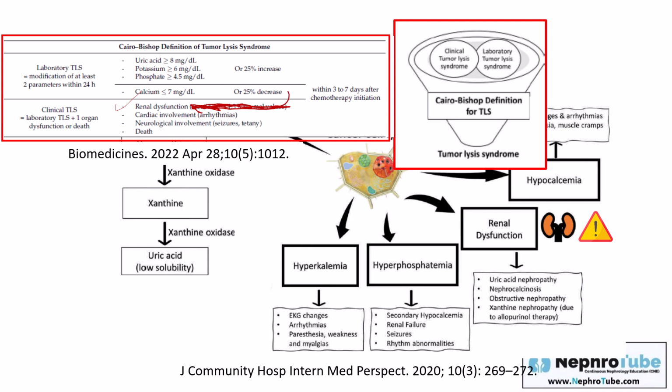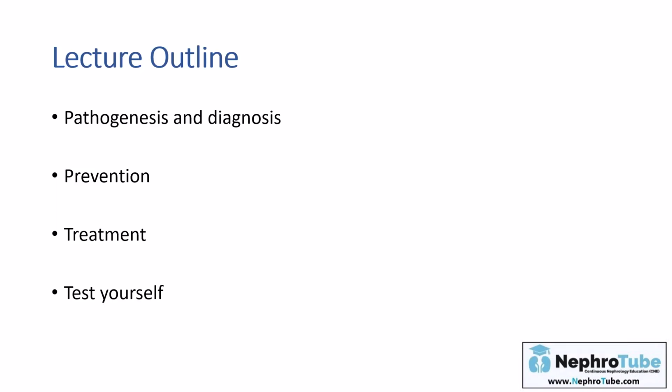Renal dysfunction, cardiac involvement, arrhythmia, seizures, and tetany or death. So to diagnose tumor lysis syndrome, you must have at least two laboratory criteria and one clinical criterion. So that was about the pathogenesis, diagnosis and clinical presentation of tumor lysis syndrome.